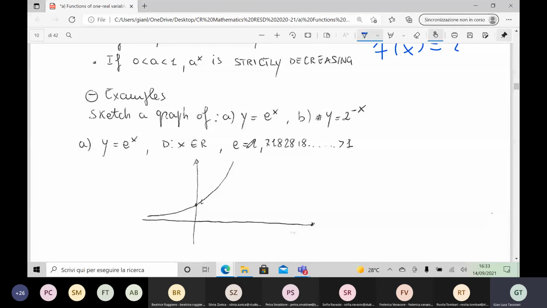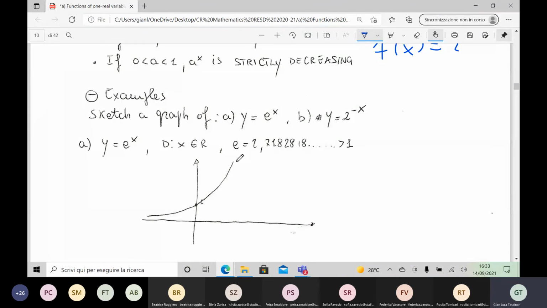The Euler number is like pi, 2.718288, etc. Obviously, e is greater than 1. So this is an exponential function of the first kind, that is, an exponential function which is strictly increasing because the basis is greater than 1.